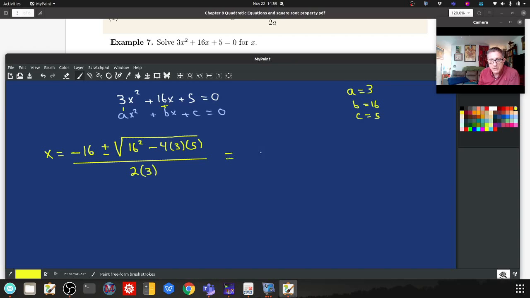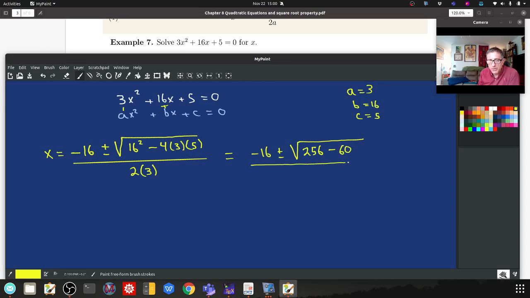So now let's go ahead and work on simplifying the right-hand side. So that's minus 16 plus or minus the square root of 256. That's 16 squared. And 4 times 3 is 12, times 5 is 60.